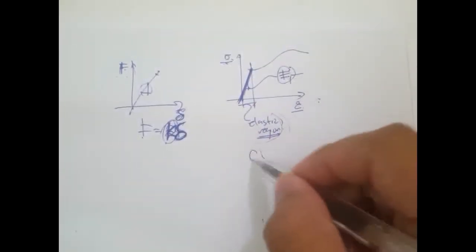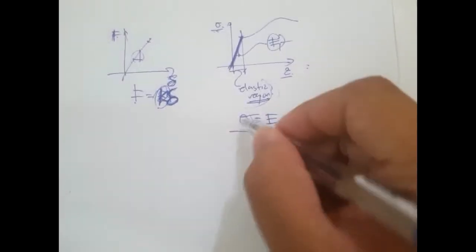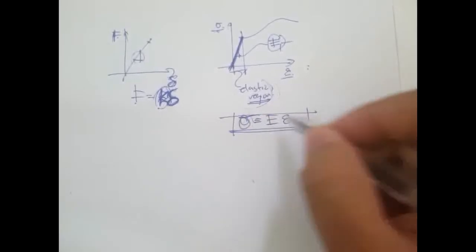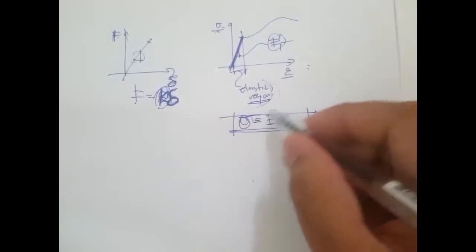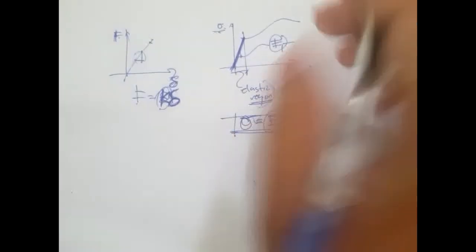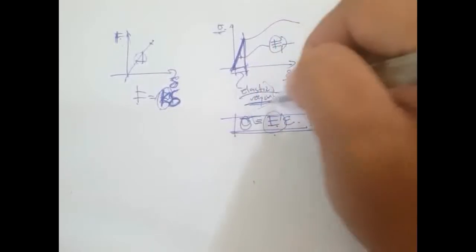So when we apply Hooke's law, it's expressed as the stress is directly proportional to the strain, except that this one is referred to as the elastic modulus, and this is only applicable in this elastic region.